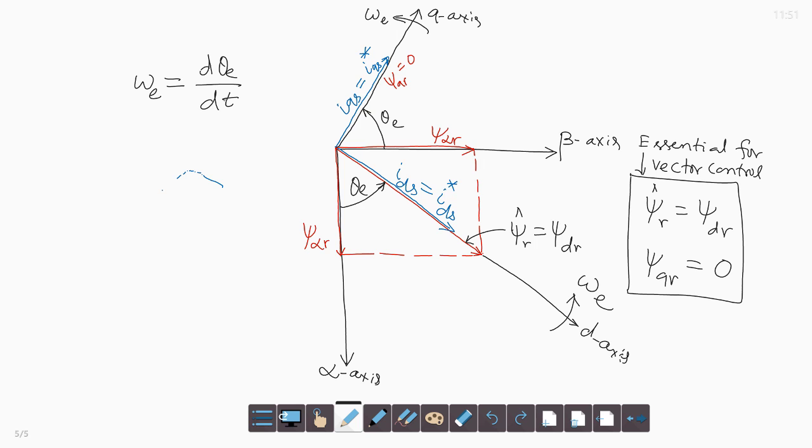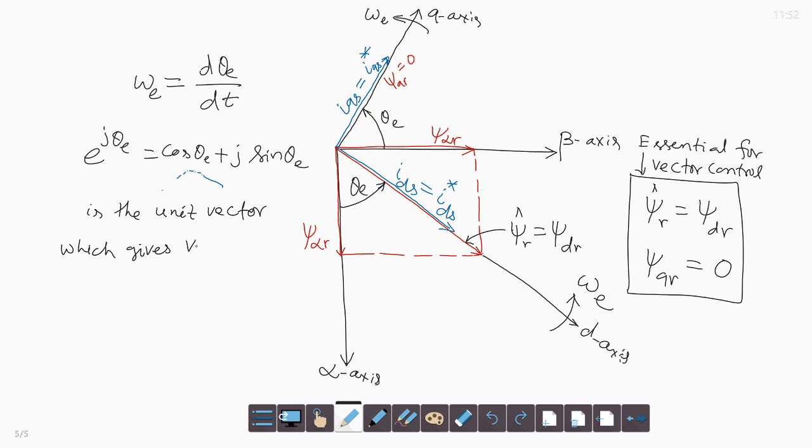And e to the power j theta e, which is cos theta e plus j sin theta e, is the unit vector which gives vector orientation.